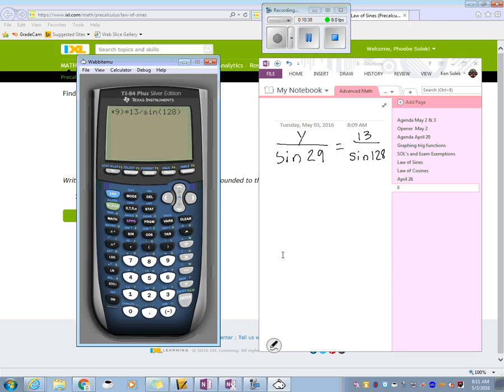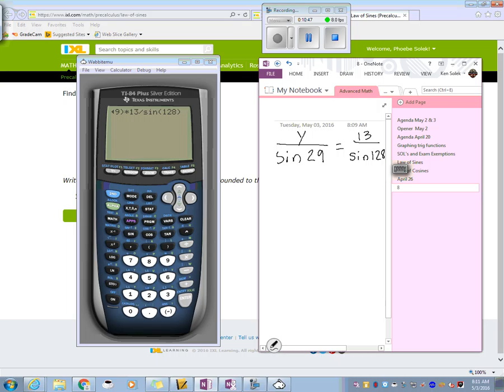So what we've done here is cross products. It's the sine of 29 degrees times 13 divided by the sine of 128. And that's going to be equal to y. Okay?